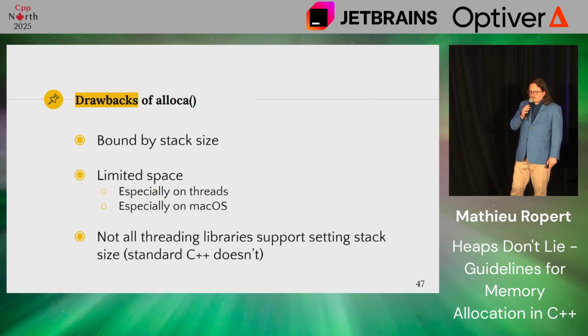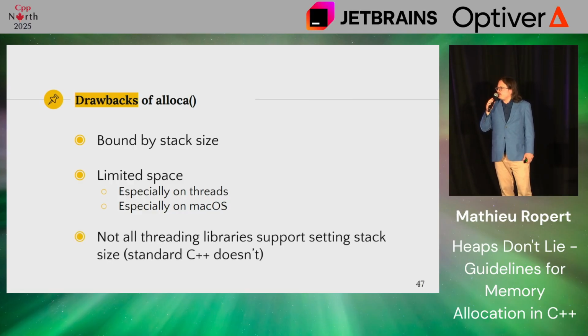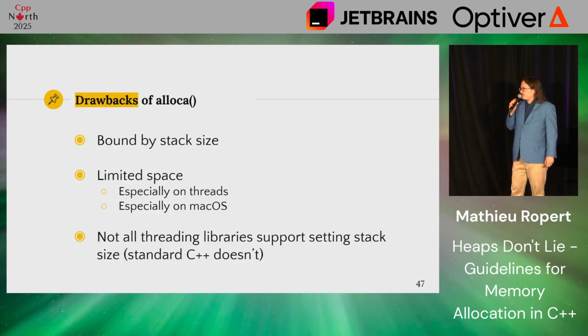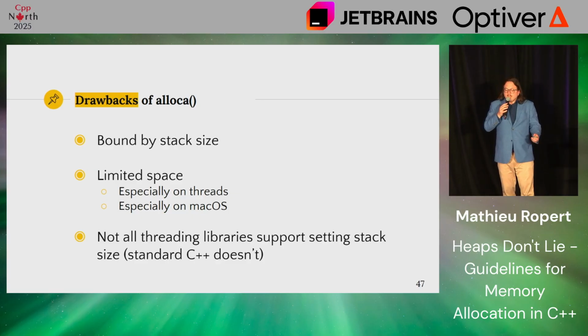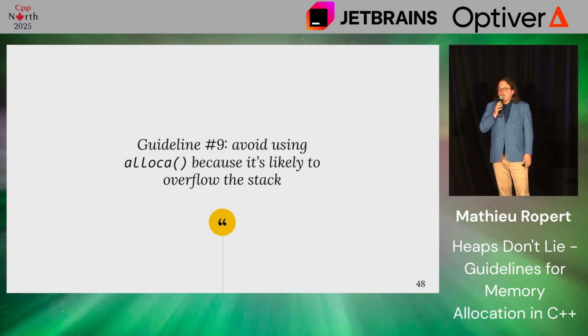For some reason, you cannot set the stack size of a thread with standard C++. You might be able to do it with a custom library, but if you use a std::thread or jthread, it's impossible to set the stack size. Anyway, you can't.